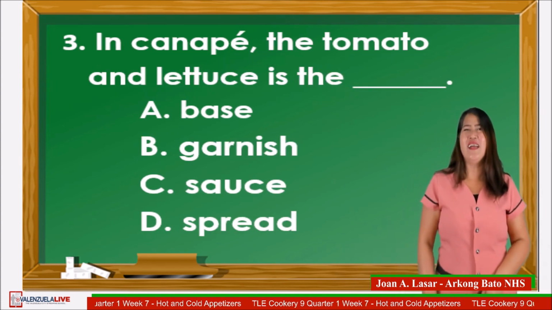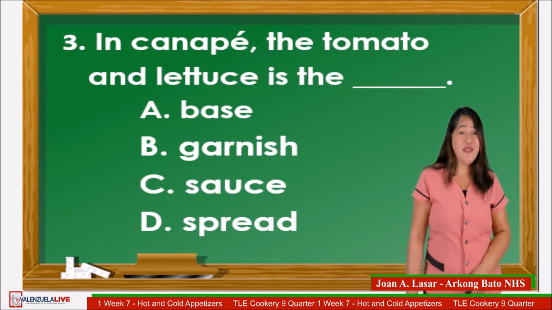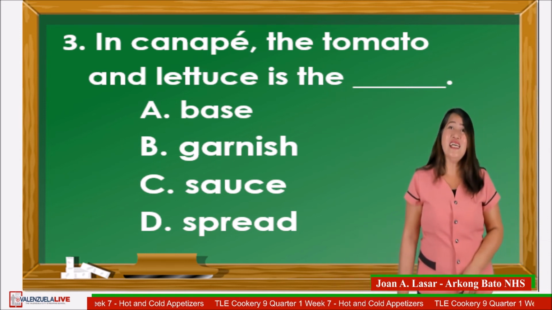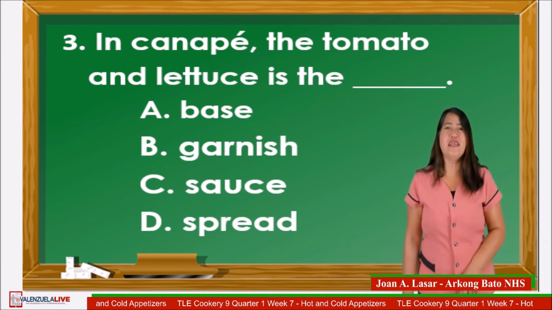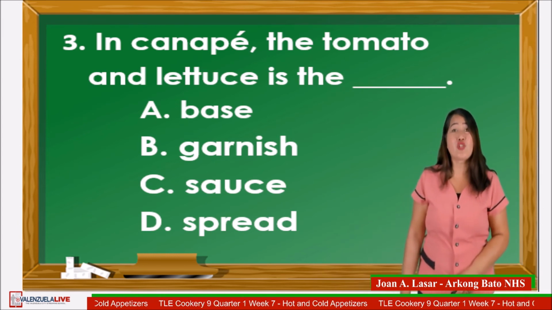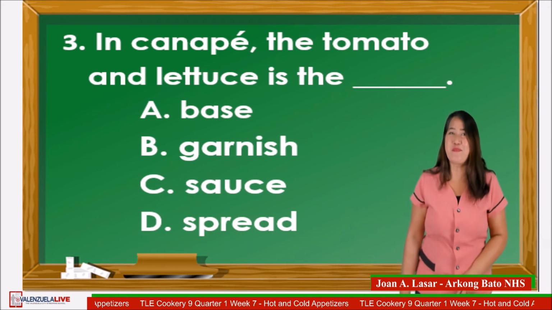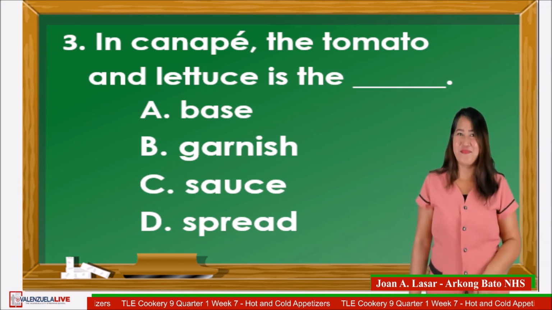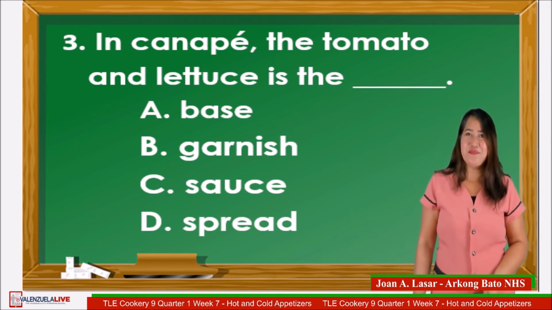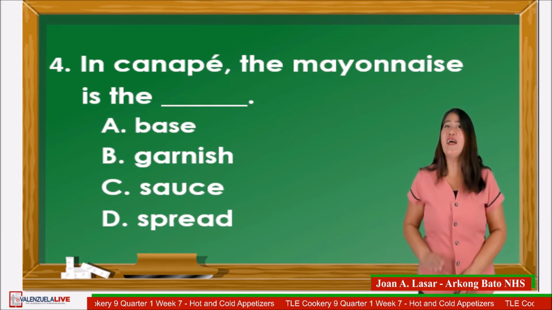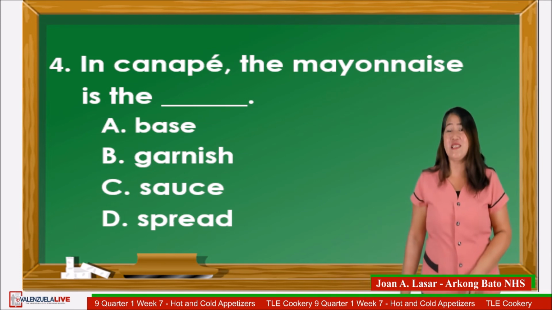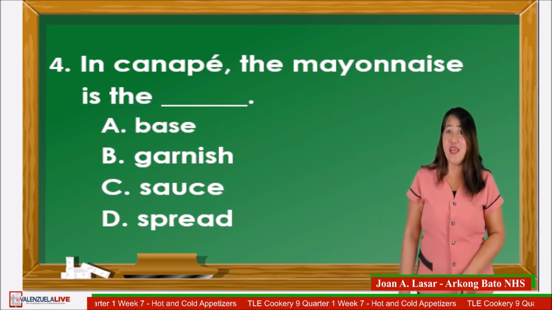Number 3. In canapé, the tomato and lettuce is the blank. A, base. B, garnish. C, sauce. D, spread. Number 4. In canapé, the mayonnaise is the blank. A, base.